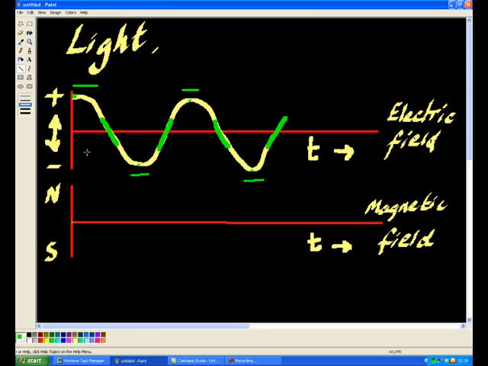Put that point there. Now here we're getting the maximum change. Remember, I'm talking about the change of the electric field, not the electric field itself. It's changing from positive to negative at its fastest point here.